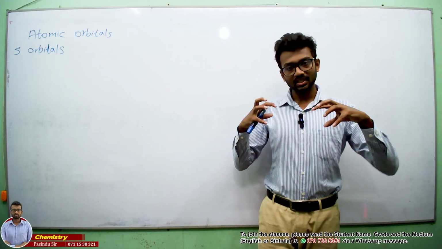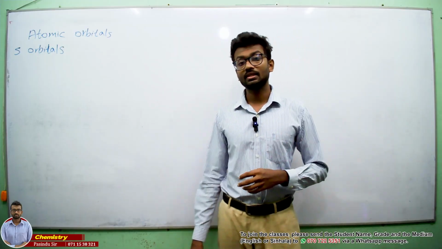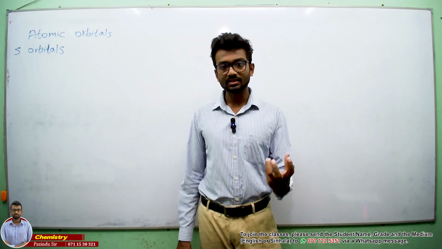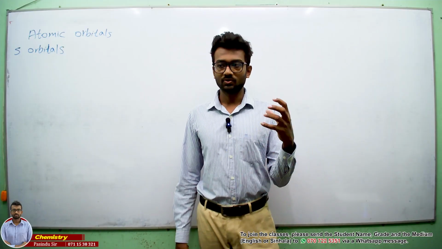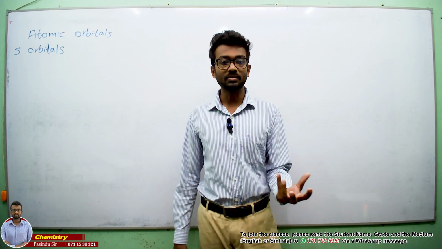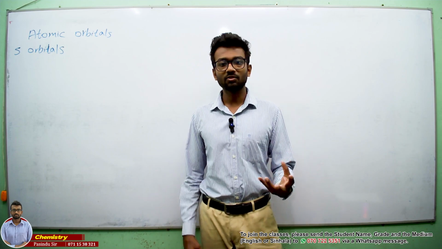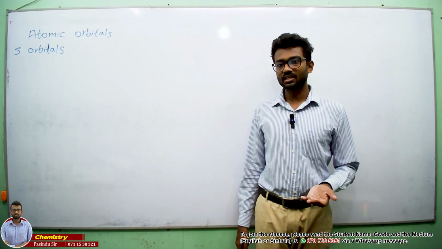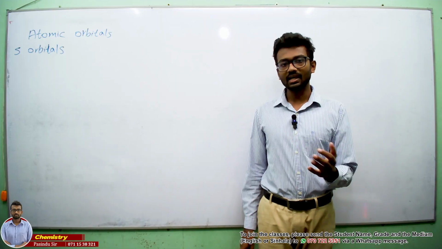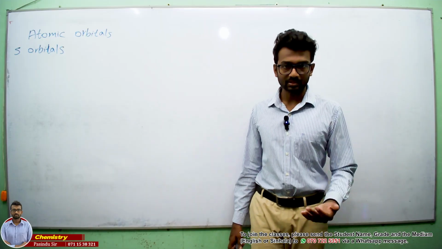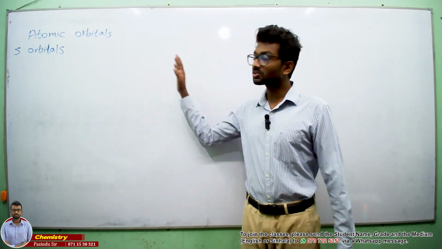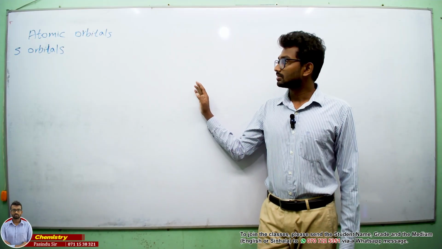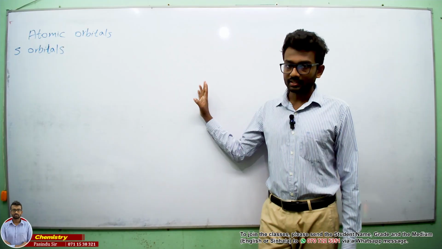There is a specific area in the atom where the electron is existing. In other words, you can say it is the probability of the electron existing in a specific area. That area has a specific shape. That's what we're talking about here. That's the basic idea.